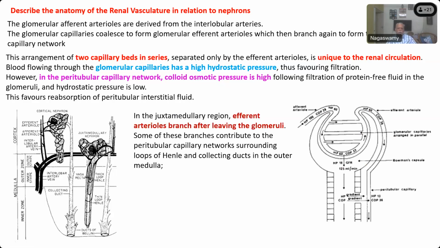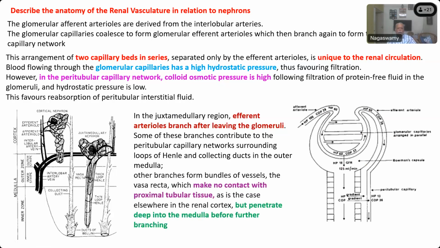In the juxtamedullary region, different arterioles branch after leaving the glomeruli. Some of these branches contribute to the peritubular capillary network surrounding the loop of Henle and collecting ducts in the outer medulla. These branches make no contact with the proximal tubular tissues, as is the case in the renal cortex, but penetrate deep into the medulla before further branching.